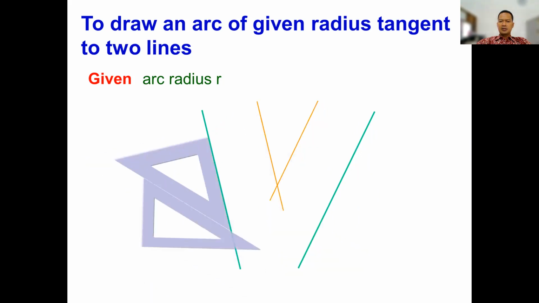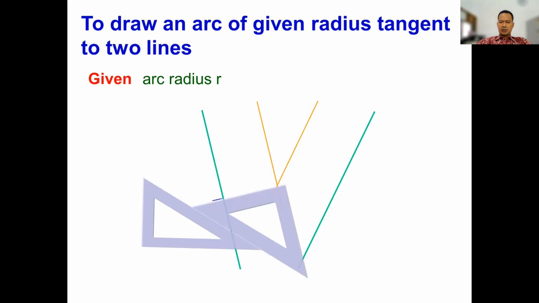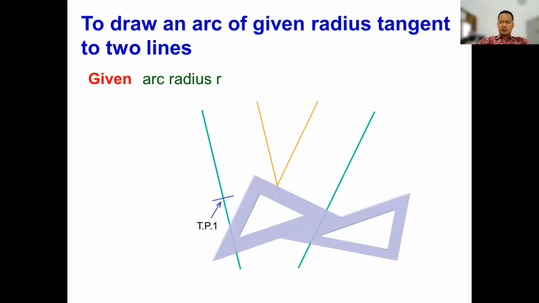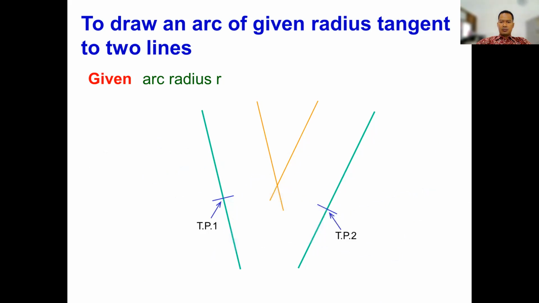Then continue to intersection point 1, and for the another intersection point TP2, then you have the center of circle or arch in here, then continue to create arch like this.